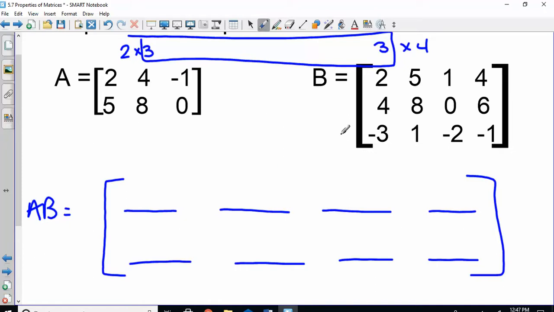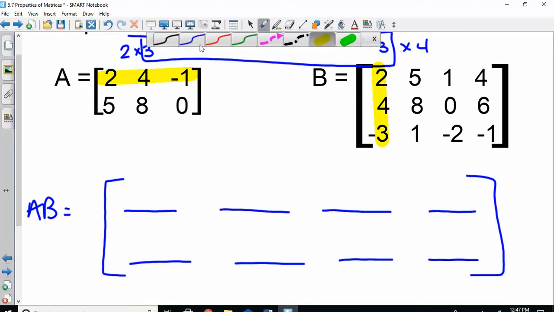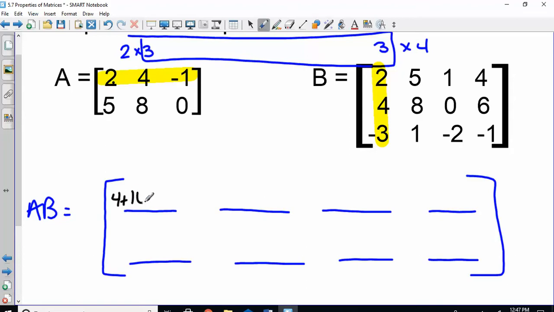Okay, to help us out, I'm going to show some work here. This entry, this is row 1, column 1, correct? So to get that, we will take row 1 times column 1. When you multiply those, you multiply the corresponding numbers. So 2 times 2 is 4, plus 4 times 4 is 16, plus -1 times -3 is 3.